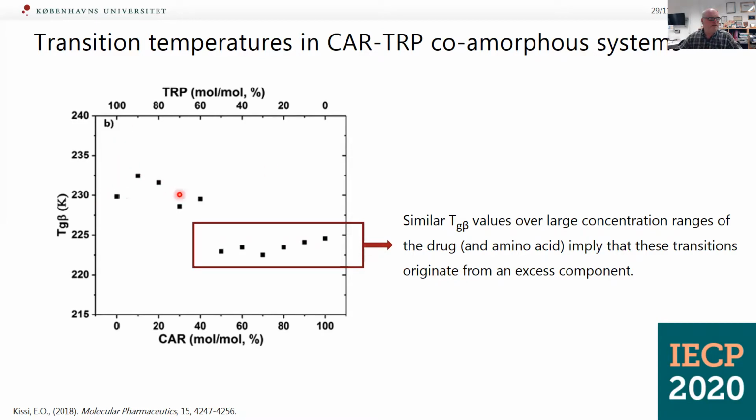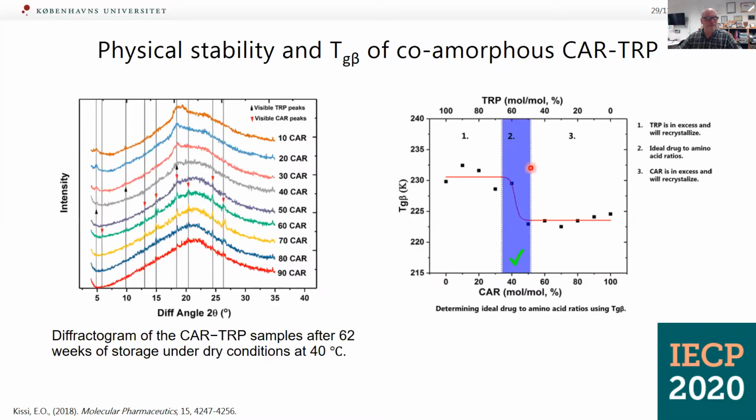So here we actually measure the beta relaxation of the excess component tryptophan, and here we are measuring the beta relaxation of the excess component carvedilol. And if we are plotting these in a way like this, then we would assume that the optimal ratio between the co-former and the drug would be around about 40 mole% of drug.